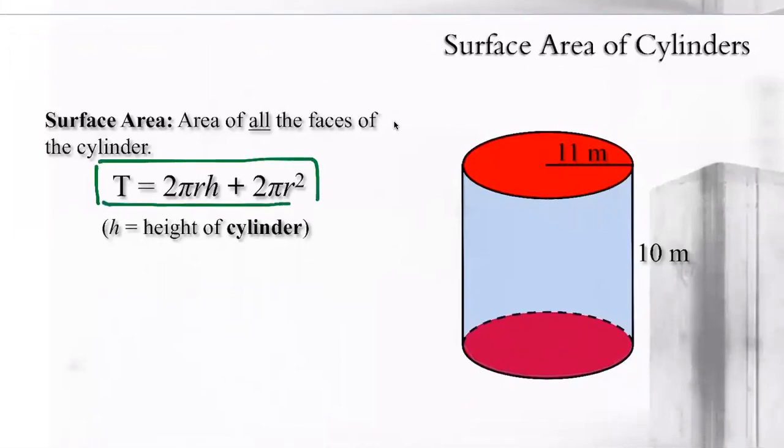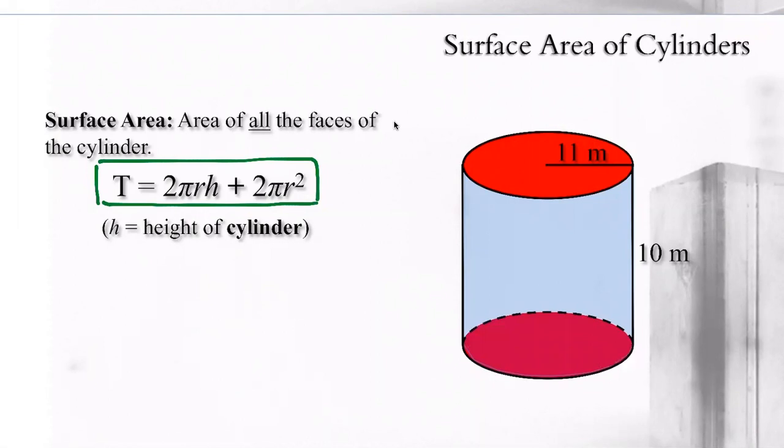Okay, so we got this T. So T stands for total surface area. And basically what we're finding is what's the area of the entire outside of the shape. So what's the area of the 2 circles here, and what's the area of this blue rectangle that wraps around it. So that's what we're looking for when we apply this formula here.